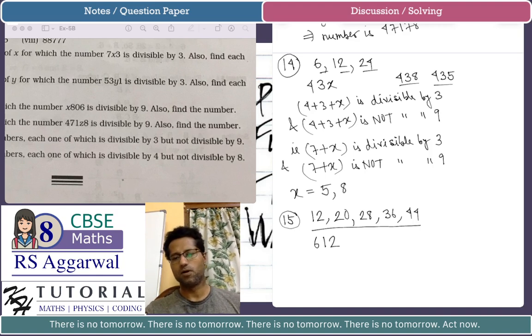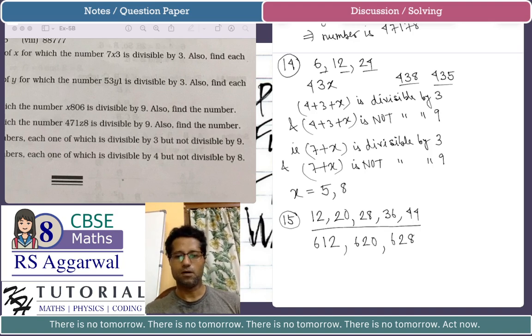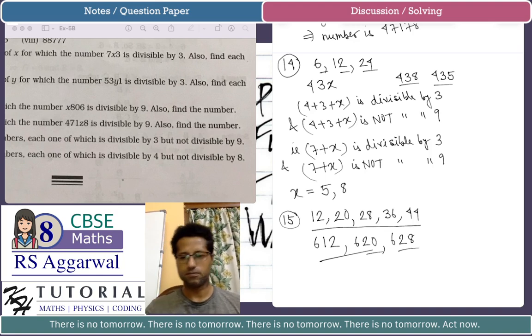Now you just keep on adding 8 to it. You will get numbers that are all not divisible by 8. So we have found 8 such numbers.